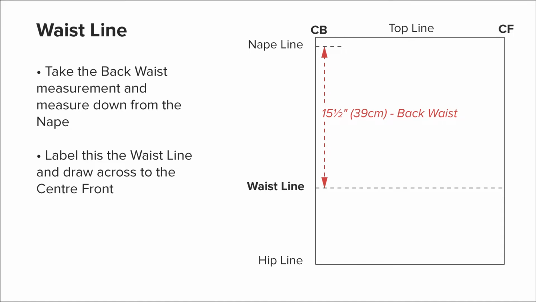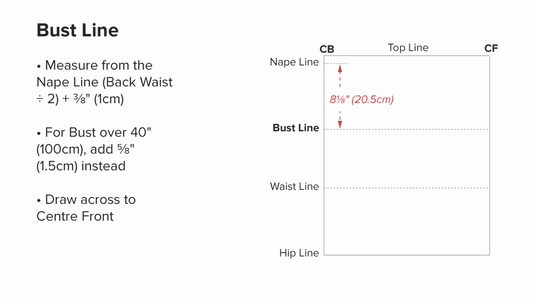The waistline. To find the waistline, measure down from the nape using the back waist measurement. Square across to the centre front and label it waistline. The bust line.